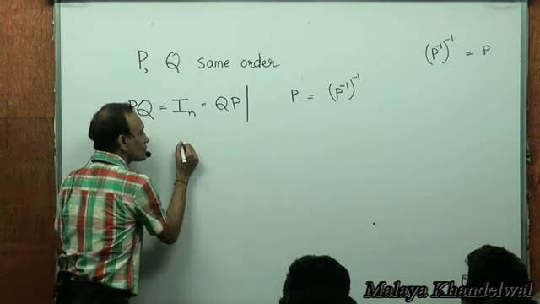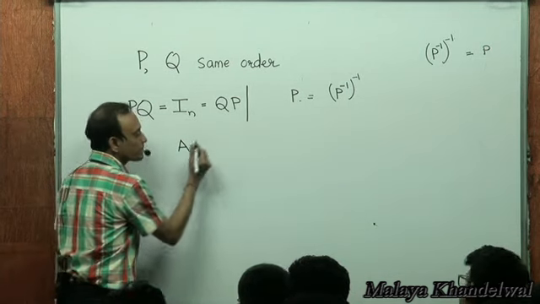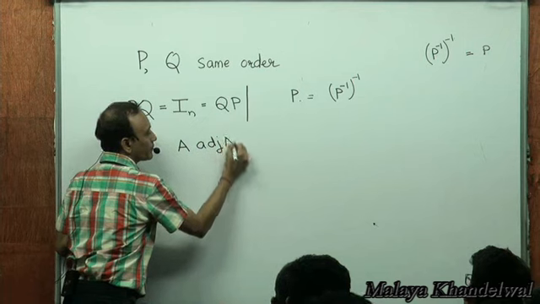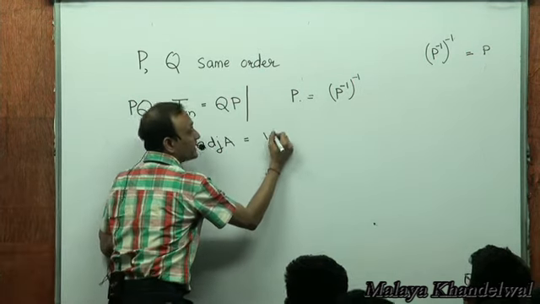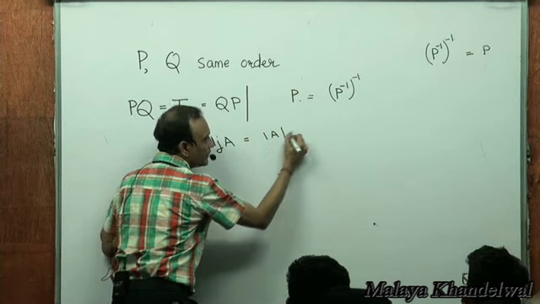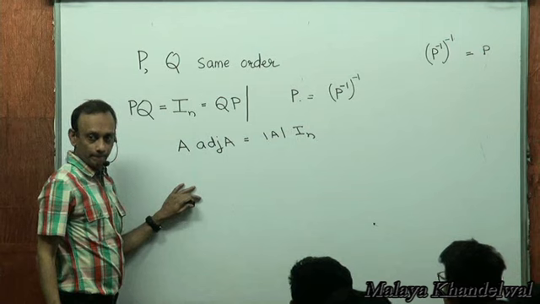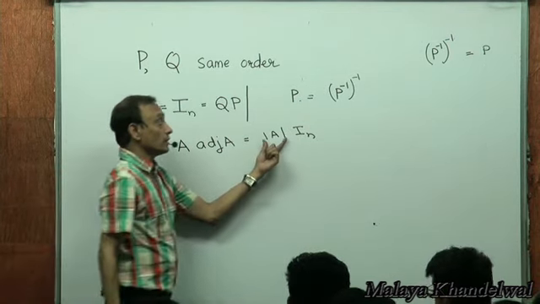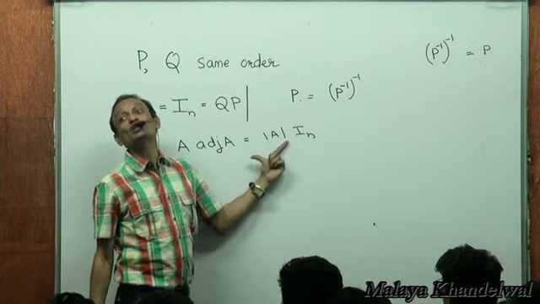Now, A is a square matrix. A adjoint A is determinant A, which is a scalar, into I_N. Can I divide by determinant A? Only if A is non-singular.